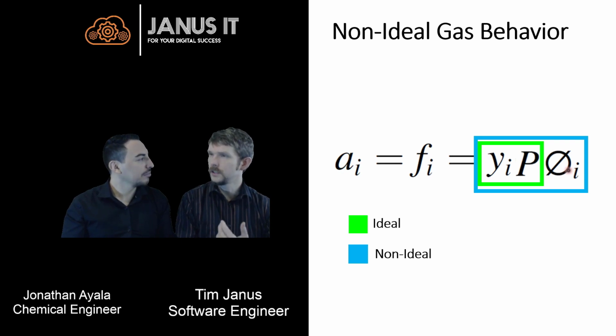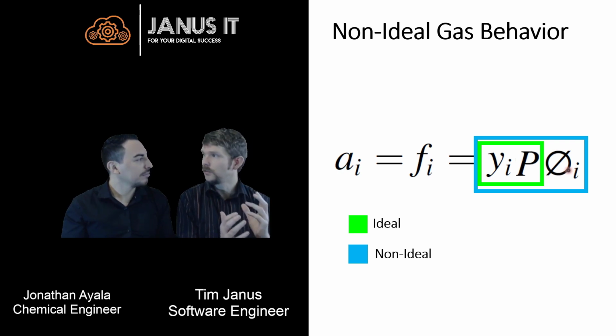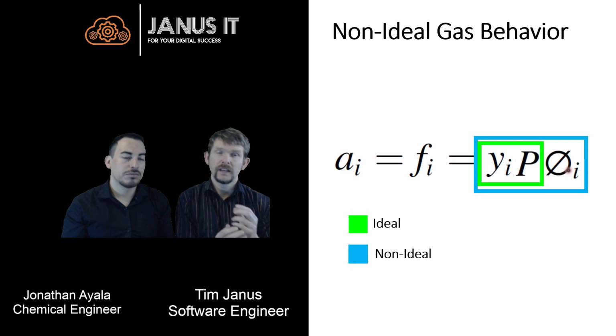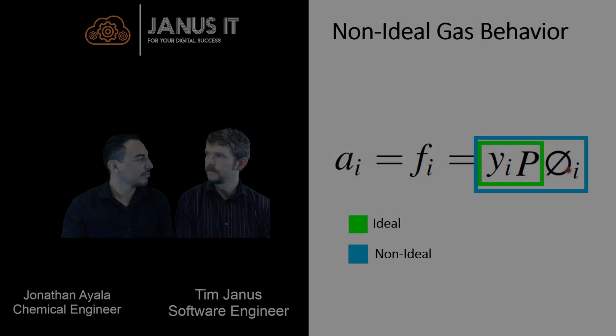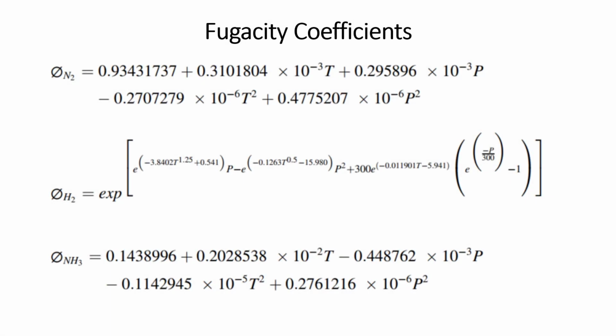So fugacity is like another part of our more detailed model, but how is it exactly calculated? It's calculated using these equations, which describe the fugacity coefficient for each component. These coefficients help us correct the ideal gas assumption by considering the real conditions inside the reactor. Oh, that's quite many formulas.